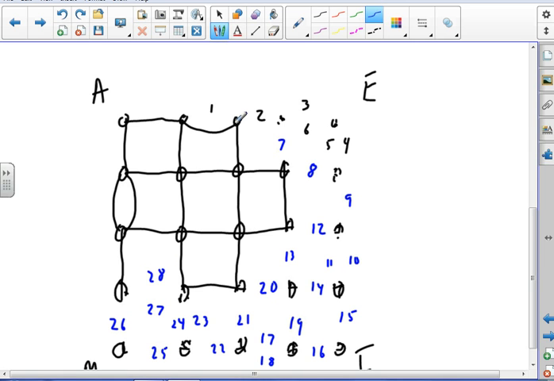What am I doing? I'm making a circuit, so I have to get back to there. Okay, so that's what I want to do.